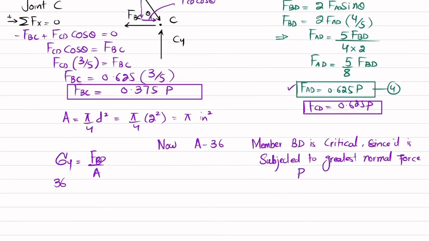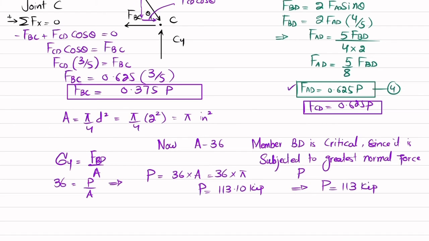So I will write 36 is equal to FBD, which is P, divided by A. From here, P will be equal to 36 multiplied by A, and 36 multiplied by pi, so you will get P equal to 113.10 kip. In short, P is equal to 113 kip. So this is the largest load P that can be applied on the truss.